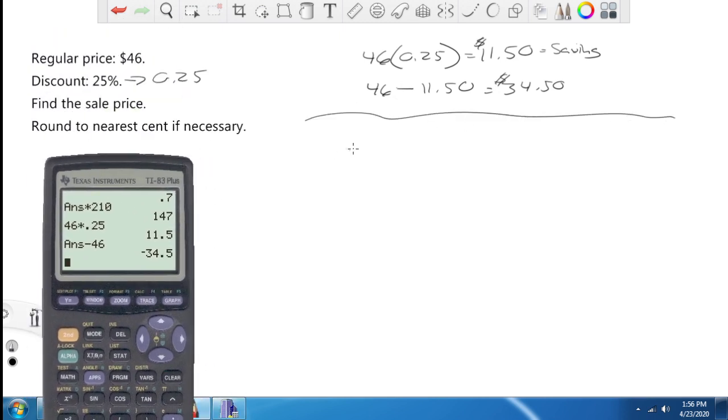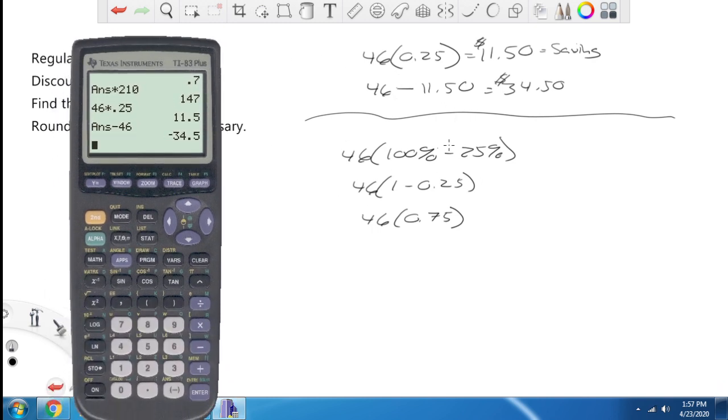Or you can look at it as 46 times 100% minus 25%. Or you can do 46 times 1 minus 0.25, or 46 times 0.75. Again, just make them into decimals, subtract, and you can do 46 times 0.75.